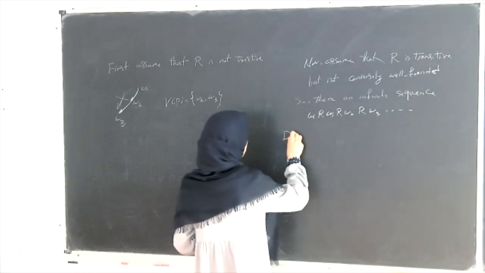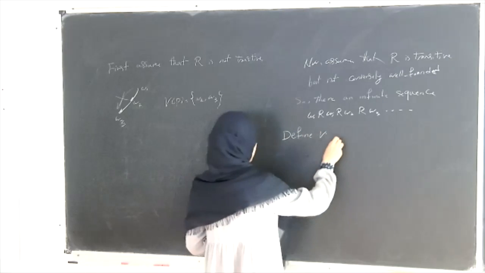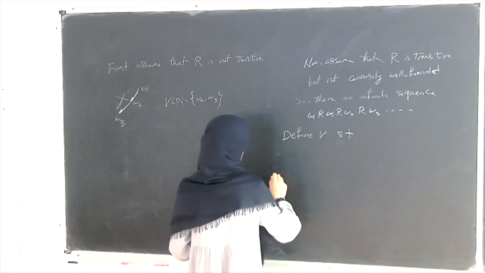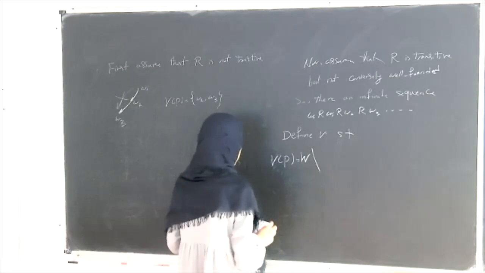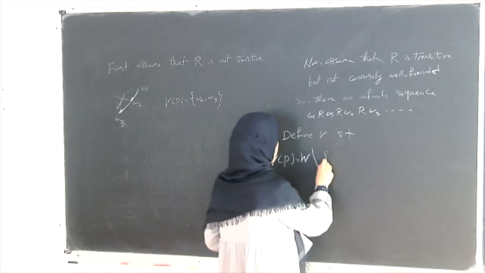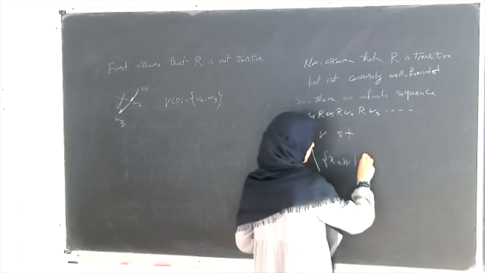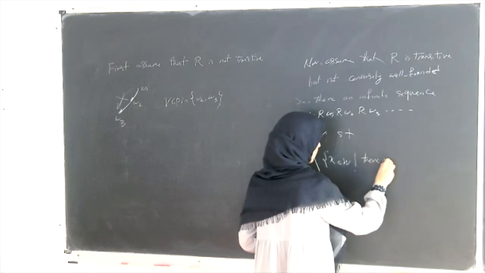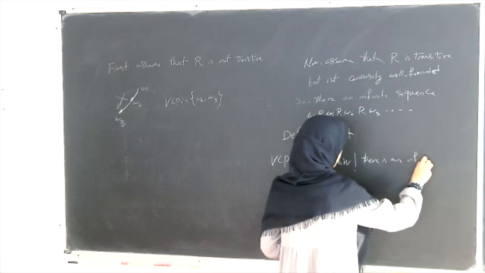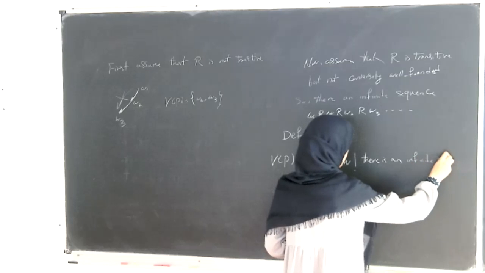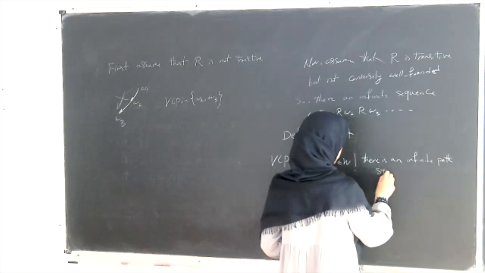Now we define the valuation V such that V of P is the set of W minus the set of all X in W such that there is an infinite path starting from X.